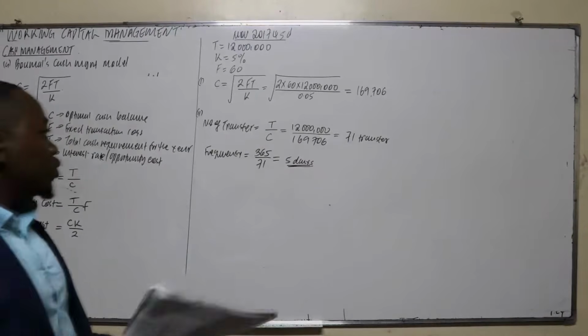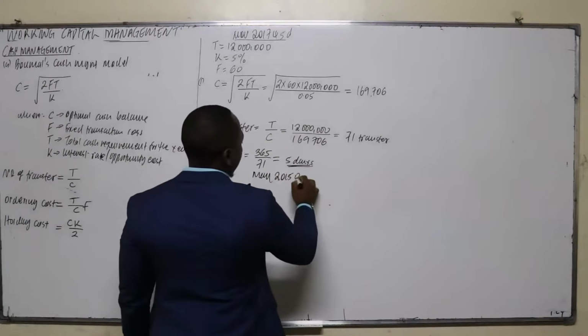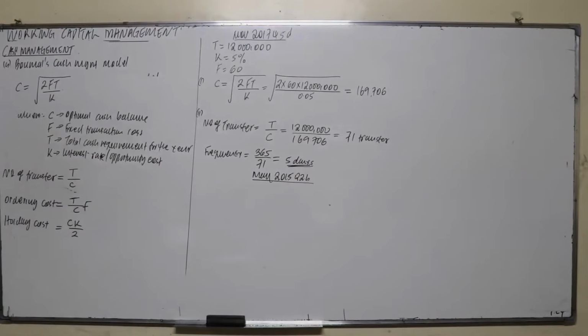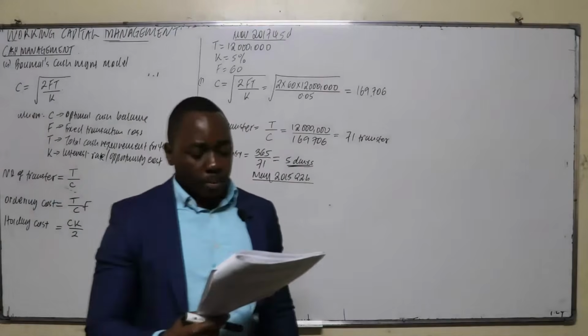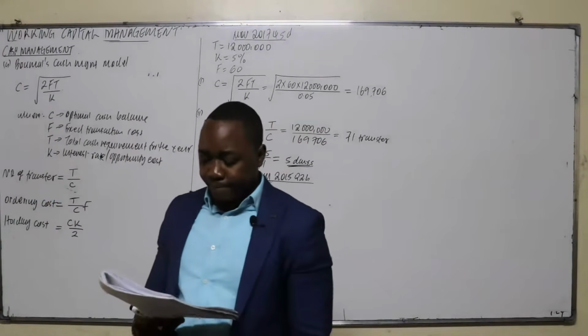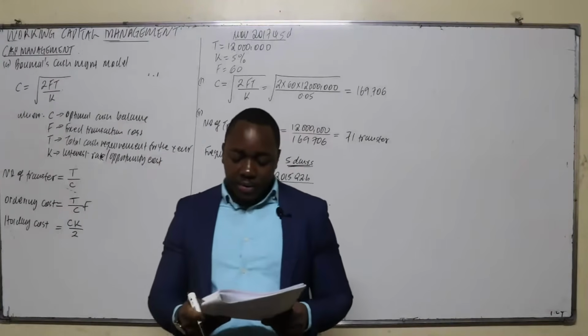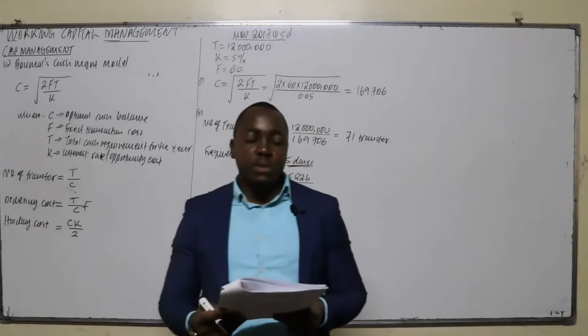May 2015, question 2B. Moen Limited is in the process of determining its optimal cash level it should hold in the next financial year, 2015-2016.